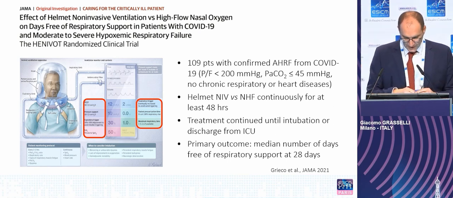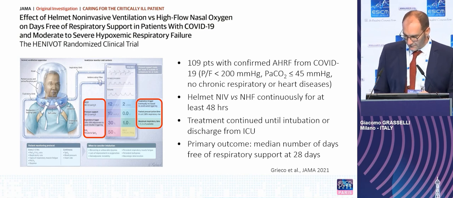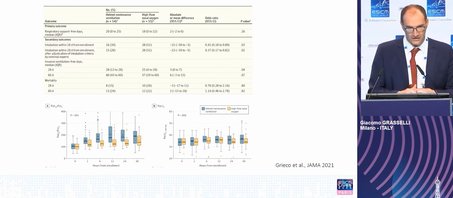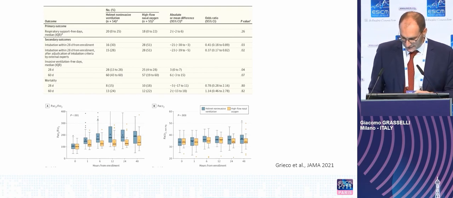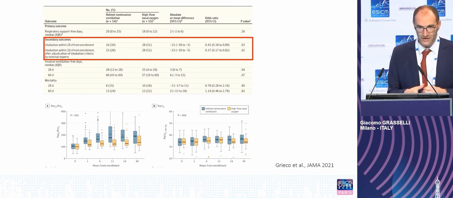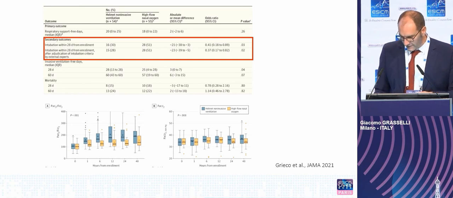It was described already, and the primary outcome was the median number of days free of respiratory support at 28 days. We have heard this already, no difference in the primary outcome, but a significant difference in the intubation rate in favor of the helmet, and also a higher PF ratio with the helmet than with the face mask.